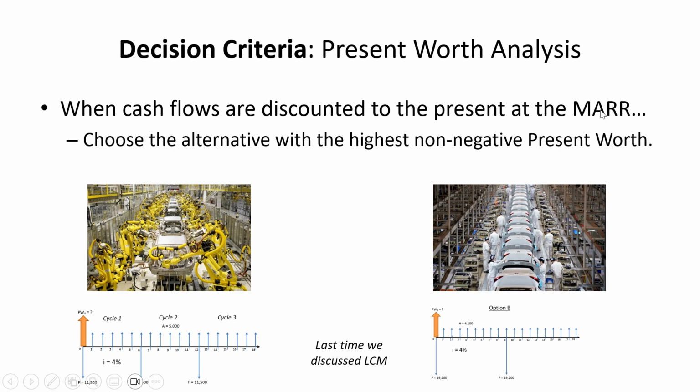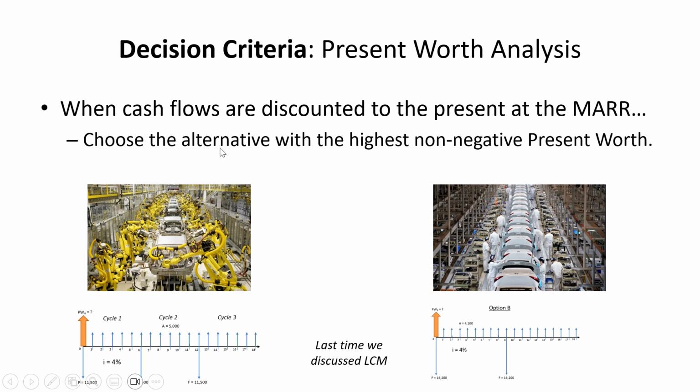So minimum attractive rate of return or minimum acceptable rate of return is a policy decision that organizations make to say, what interest rate do we have to receive for this project to be justifiable? A company wouldn't want to borrow money and pay 10% interest if the money is going to be put onto a project that only generates 8%. That just wouldn't make sense. To borrow money at 10 and invest it in something that's going to pay 8, you're going to lose.